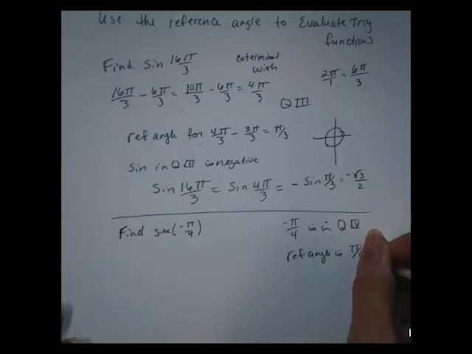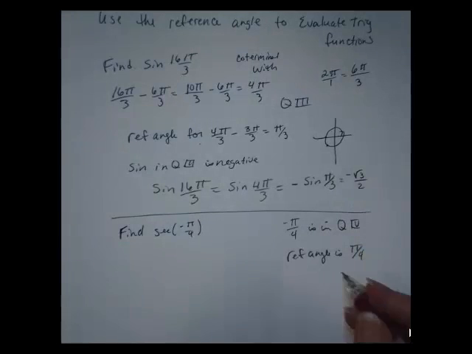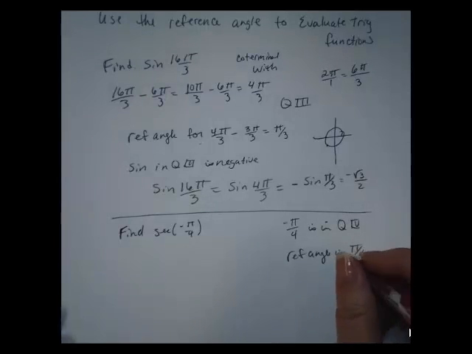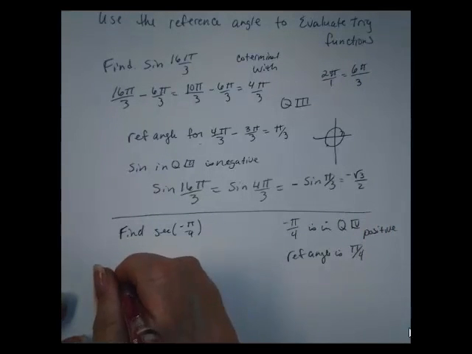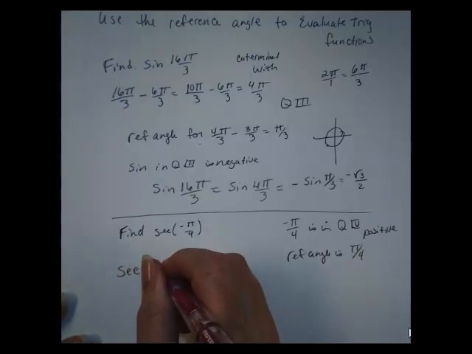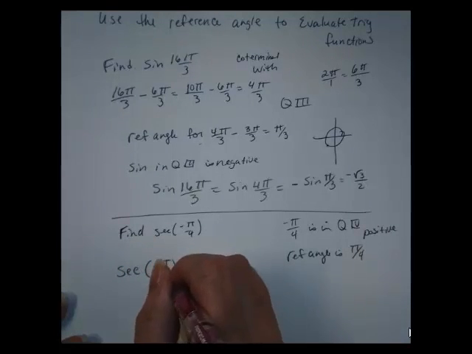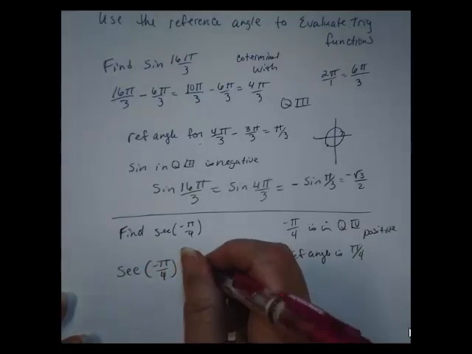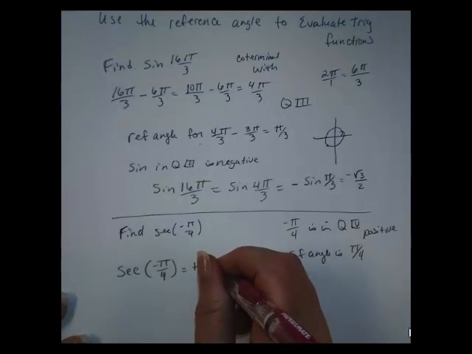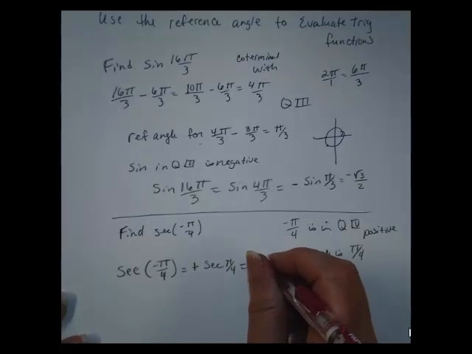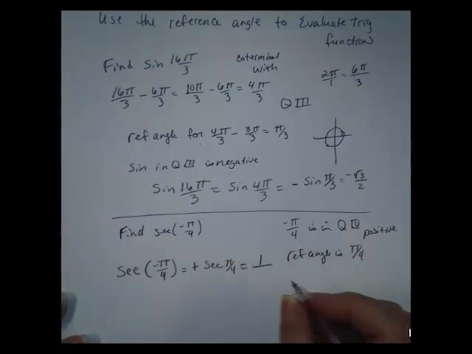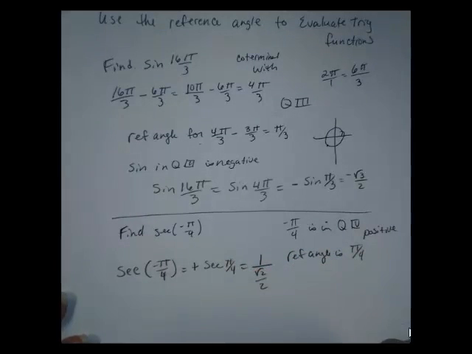So our reference angle is pi over 4. And secant goes with cosine, which is the x value, and it will be positive in quadrant 4. So we have secant of negative pi over 4 is equal to the positive of secant of pi over 4, which will be equal to 1 over cosine, and cosine at pi over 4 is the square root of 2 over 2.